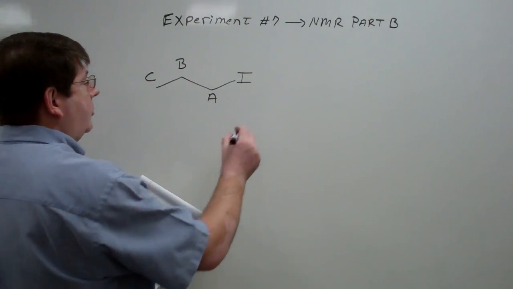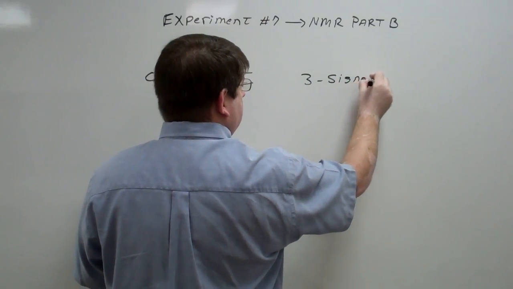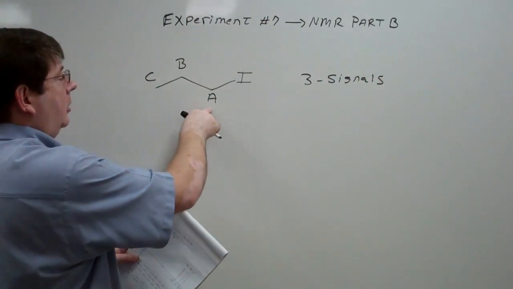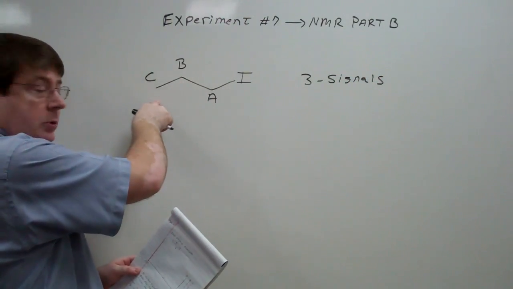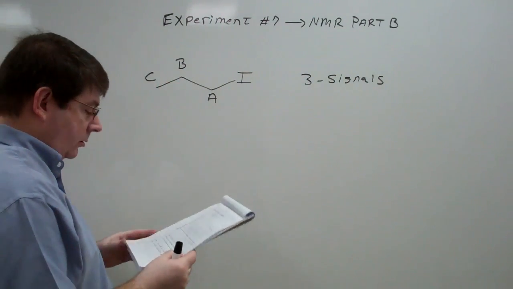So we would expect to see 3 carbon signals, because A is clearly unique from B and B is clearly unique from C. There's nothing that relates A to C or B to C or anything like that.